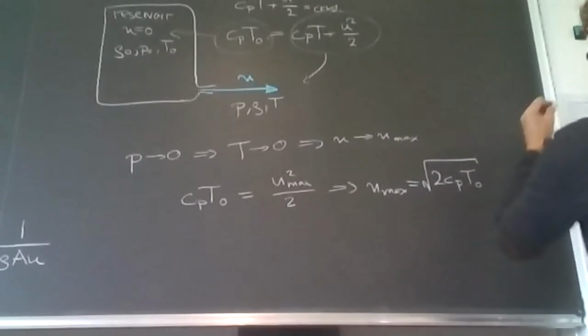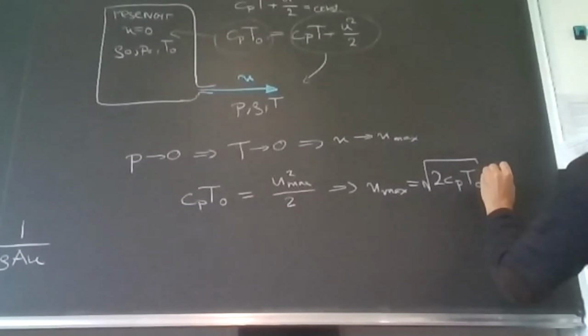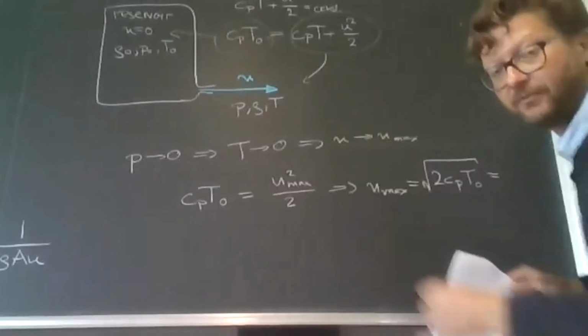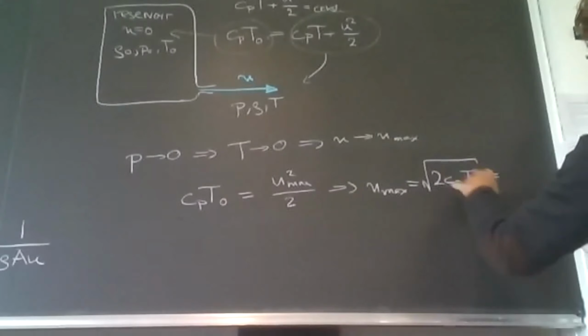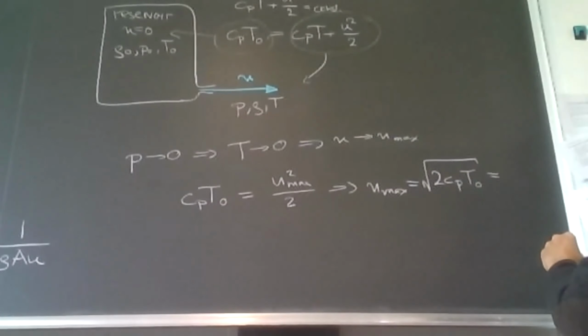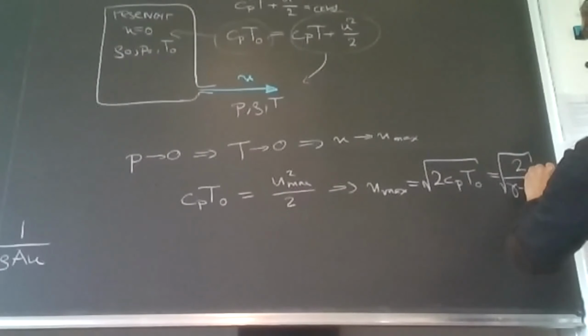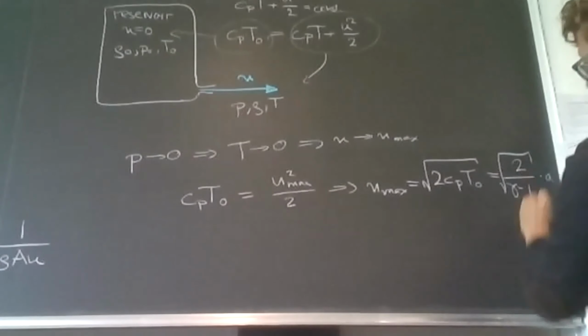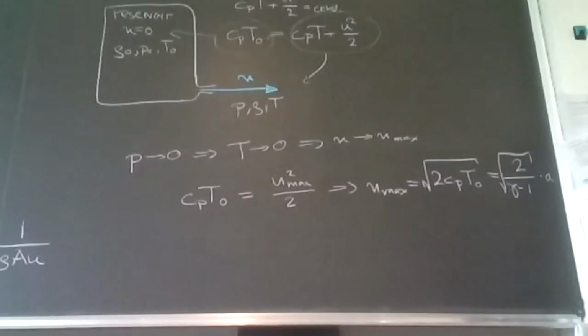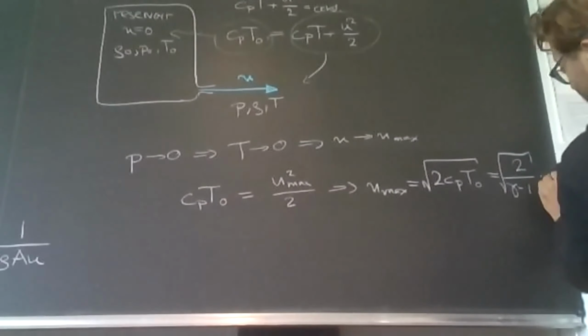Or, using the relations from a few slides back, we can also express this in terms of the speed of sound: square root of 2 over gamma minus 1 times A. This is the speed of sound here.